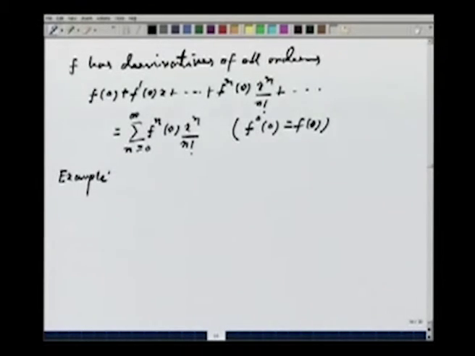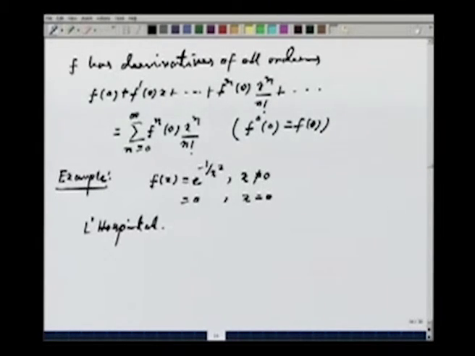It is kind of a difficult example to conceive, but it is true that I look at this function f(x) equals e to the power minus 1 by x square when x is non-zero, and it is 0 at x equal to 0. What happens is, if you use L'Hopital, this implies that the derivatives of f at the point 0 exist.